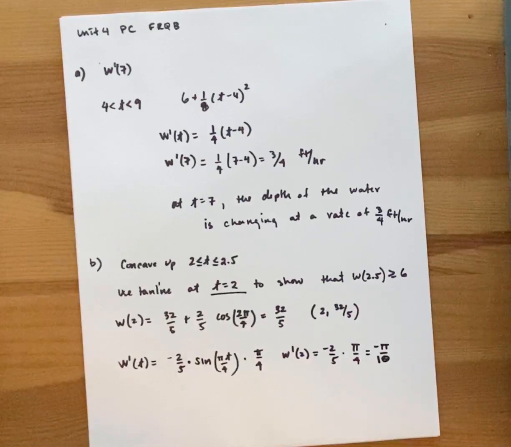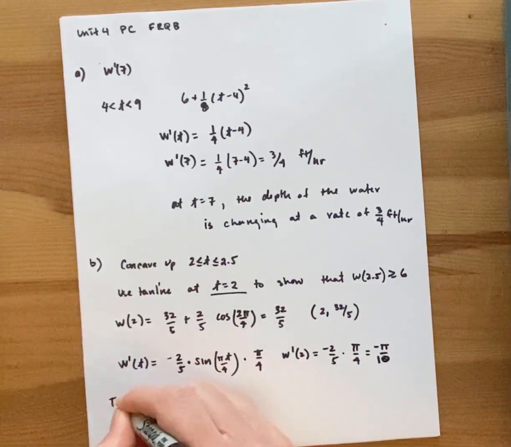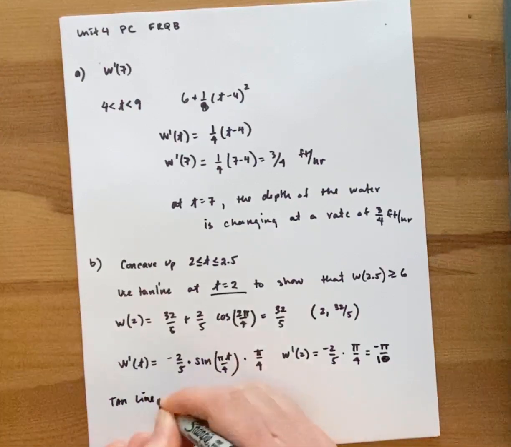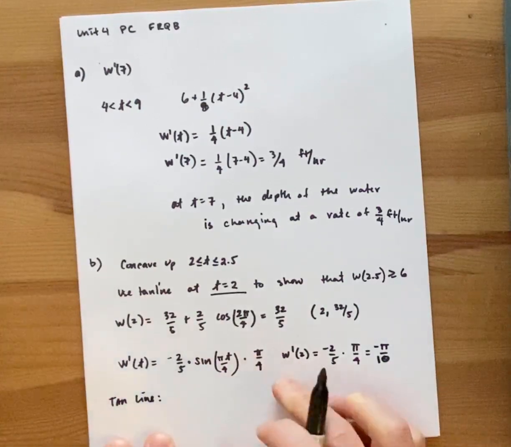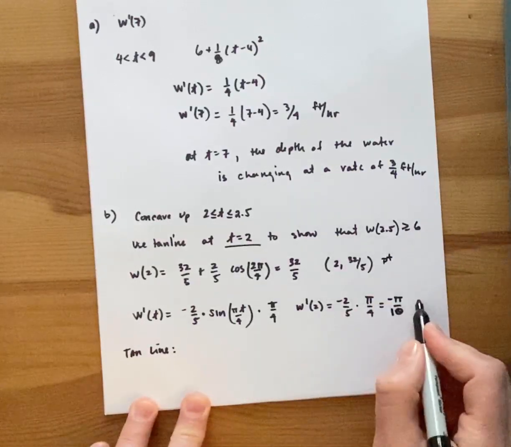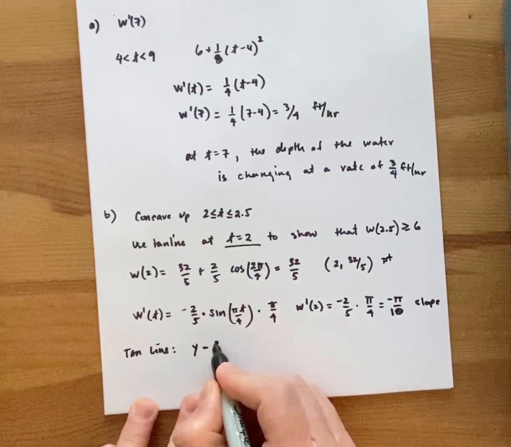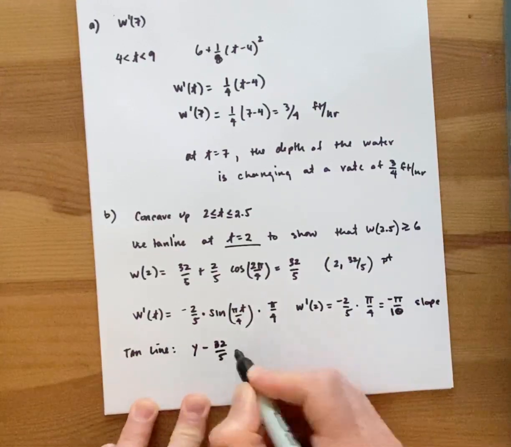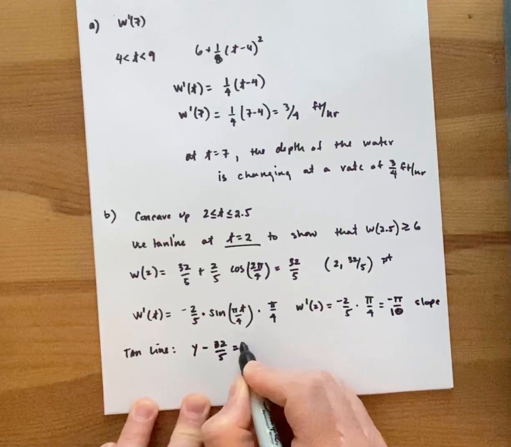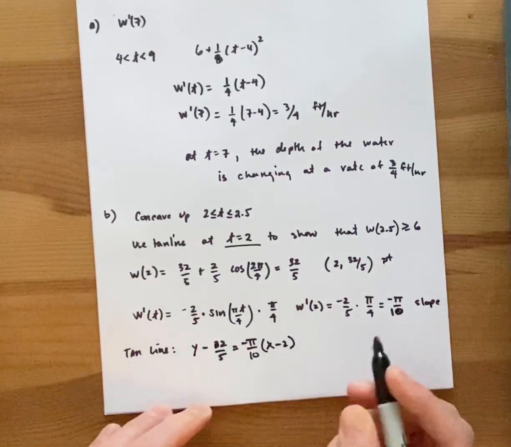Now to use the tangent line, use the point and your slope. So the tangent line would be y minus 32 over 5 equals negative pi over 10 times (x minus 2).